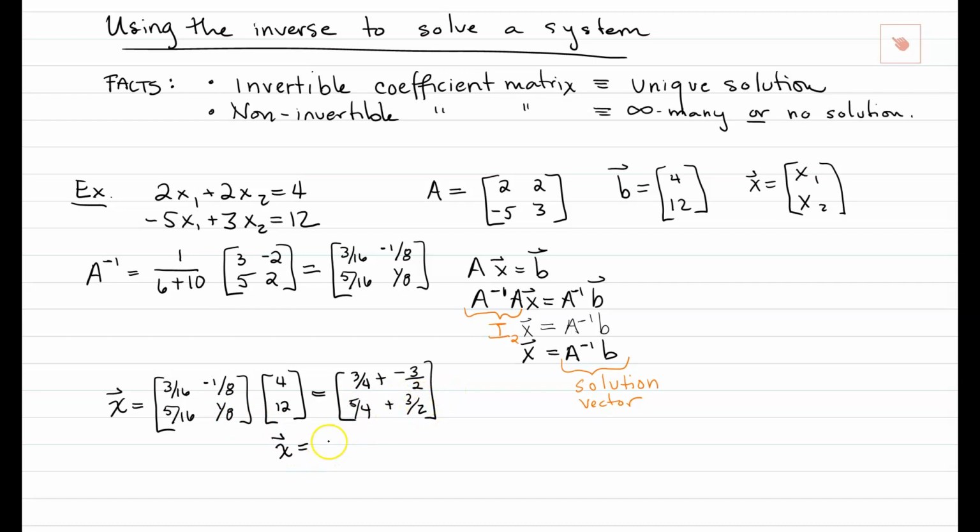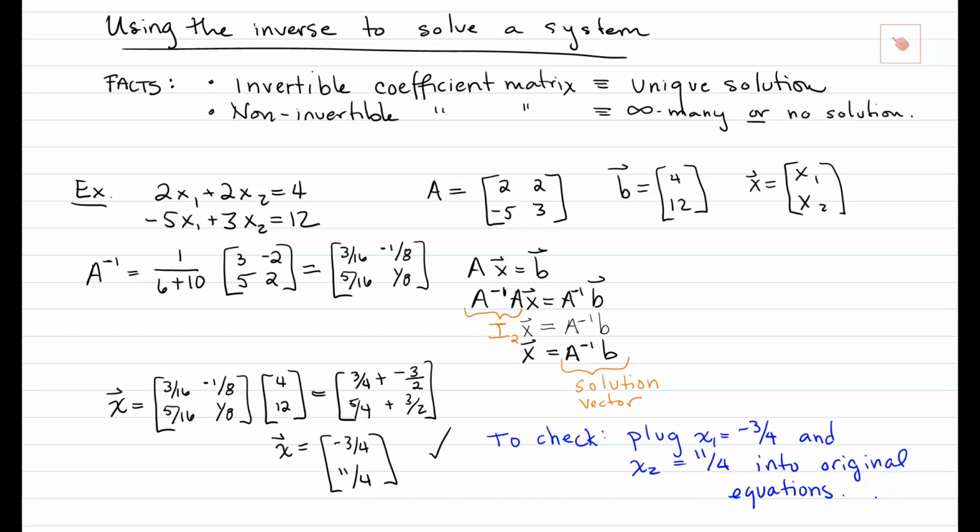So in the end, we get that our solution vector is equal to negative 3/4, 11/4. And that's it, we're all done. To check, you just plug negative 3/4 in for x1 and 11/4 in for x2, and then check to see if these equations are satisfied.